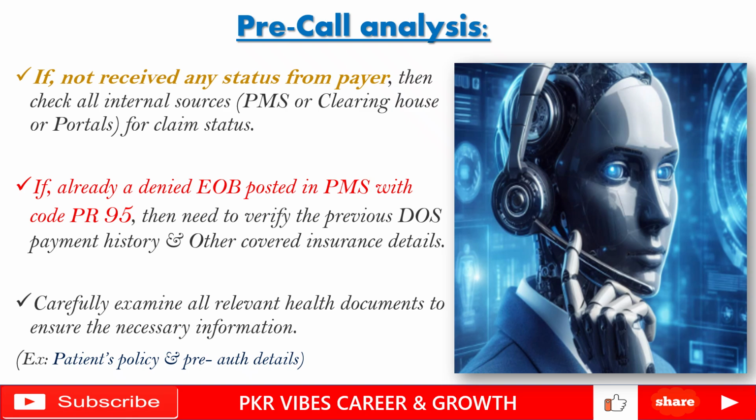If there is no information found in all internal sources, then we call the insurance for the claim status. For example, if a denied EOB is already posted in your doctor software with the denial code PR95, meaning we received a response from the insurance that it is denied, with an explanation of benefits with denial code PR95, then as pre-call analysis you should verify the previous date of service payment history.